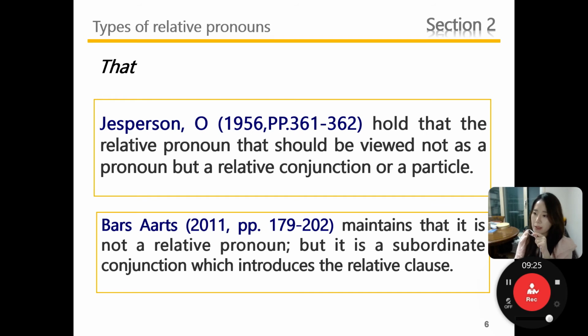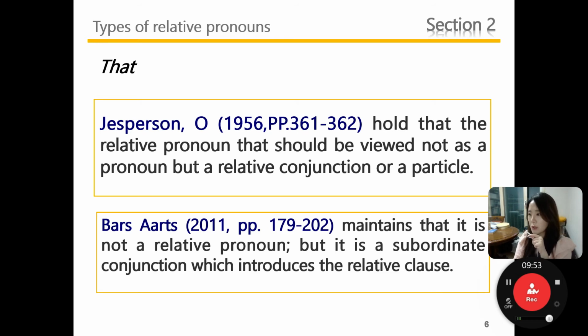The reason Bertsch makes such an argument is that pronouns can occur as the complement of a preposition, like to whom or to which, but the same does not apply to the conjunction that, like the person to that. Thus, it can be regarded as the collapse of the conjunctive function.